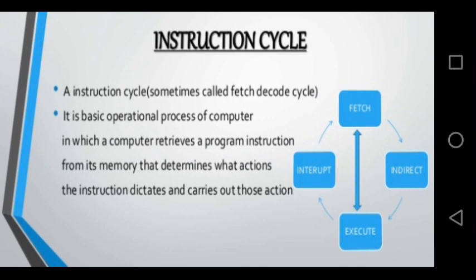So the procedure that is followed to execute one instruction is repeated for all the remaining instructions in the program. When you repeat something, you call it a cycle. For that reason, we have this concept called instruction cycle, or in fact instruction execution cycle.